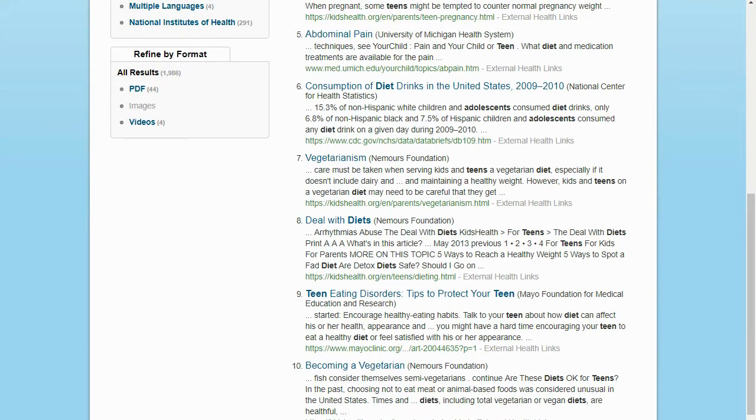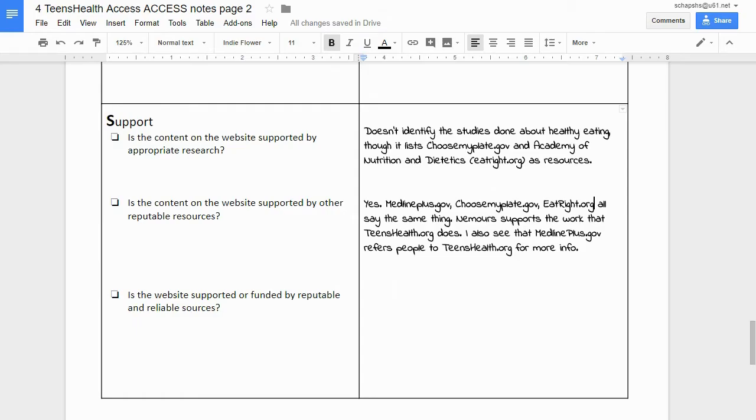That means the Medline Plus site recognizes that the Kids Health site is a reputable one. So I would check this one off because the information is confirmed by other sources and also supported by both Medline Plus and the Nemours Institution.